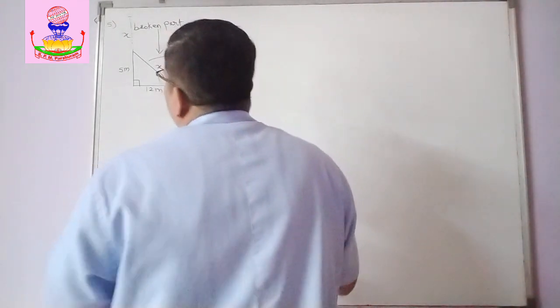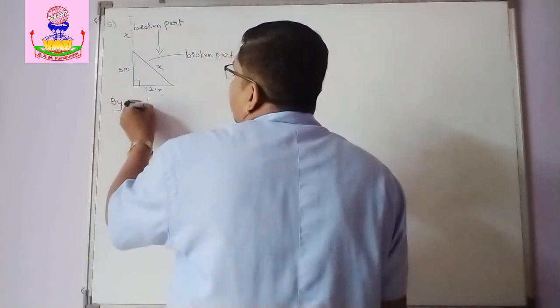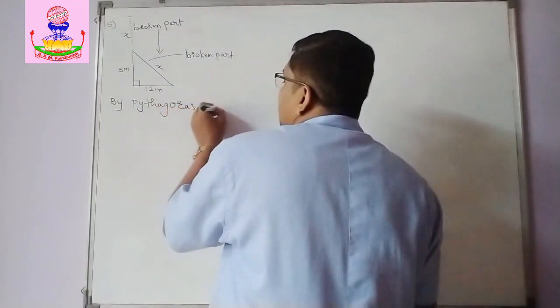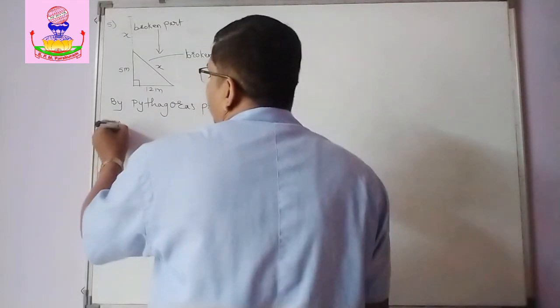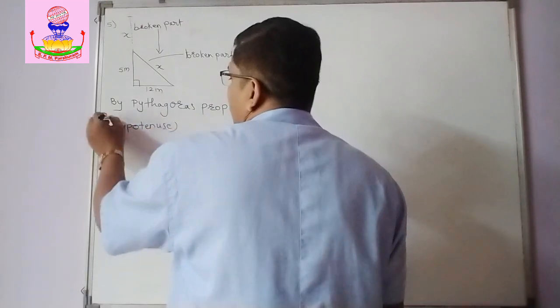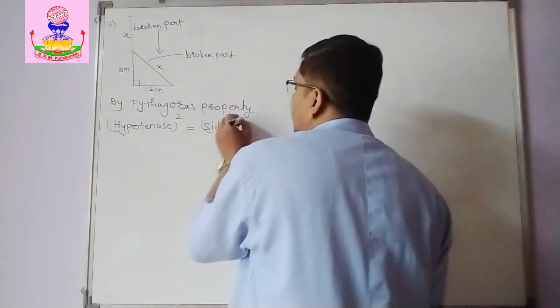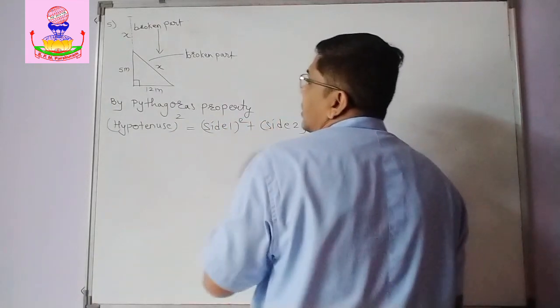So here, by Pythagoras property, what is that? Hypotenuse square is equal to side 1 square plus side 2 square.